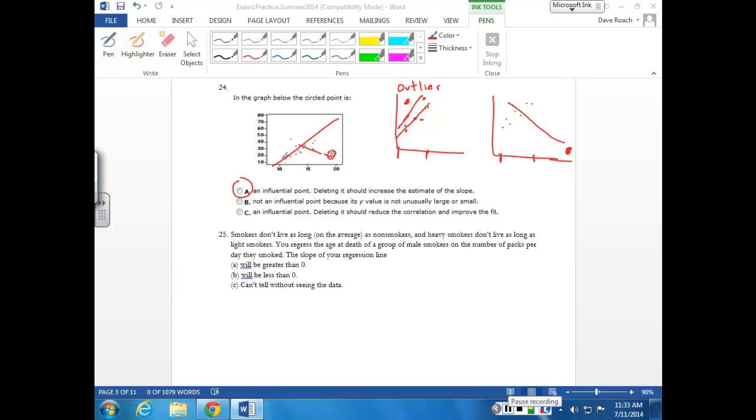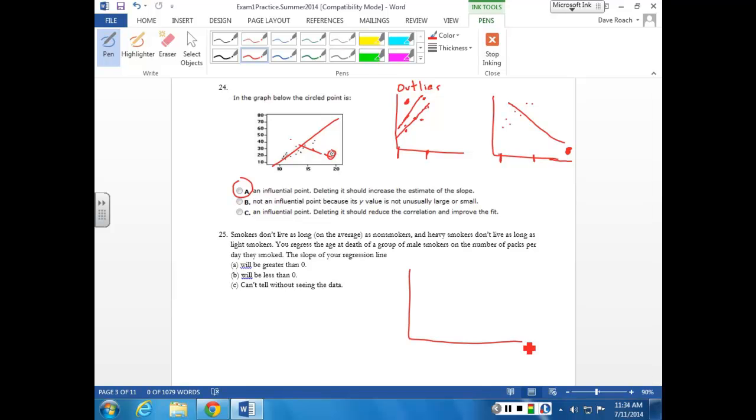Okay, so for the next one, smokers don't live as long as non-smokers. Heavy smokers don't live as long as light smokers. So you're going to make a regression here. I think the easiest thing on this one is just to draw a graph and get a sense of it.